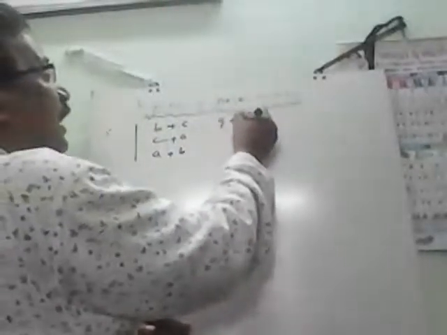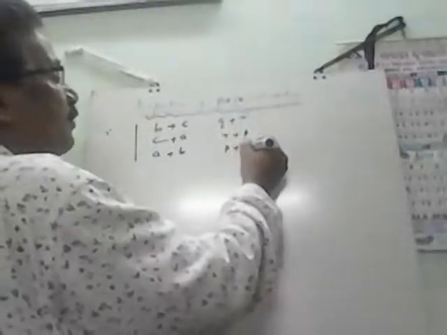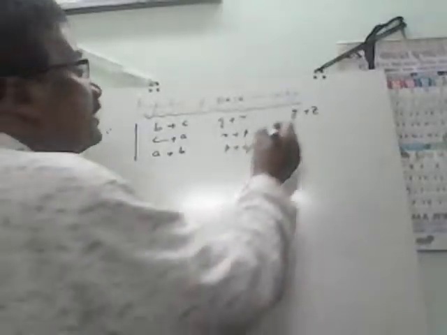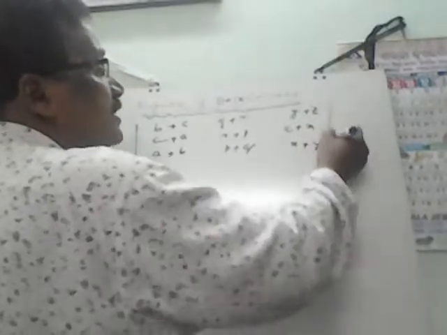Here, the first column is B plus C, C plus A, A plus B. Second column, Q plus R, R plus P, P plus Q. And third column, Y plus Z, Z plus X, X plus Y. This is your left hand side.